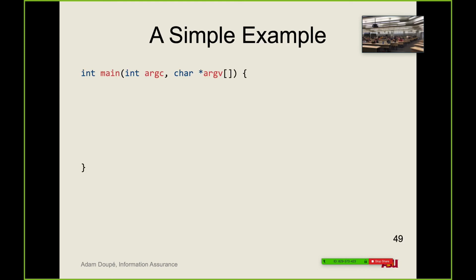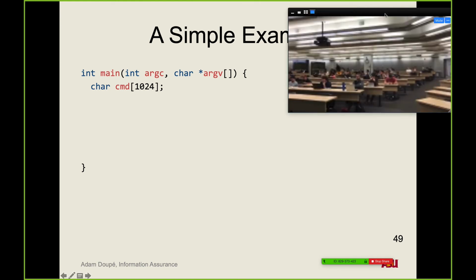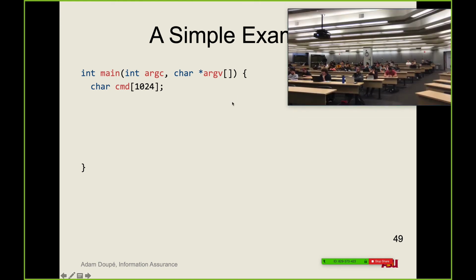So let's look at a simple example. Here's some C code. We have a buffer here. We're going to cat /var/log/ and then %s, where %s is argv1. We're going to concatenate and put argv1 wherever this %s is. So what's the intention of this line?